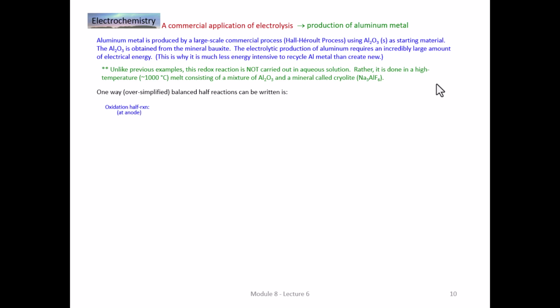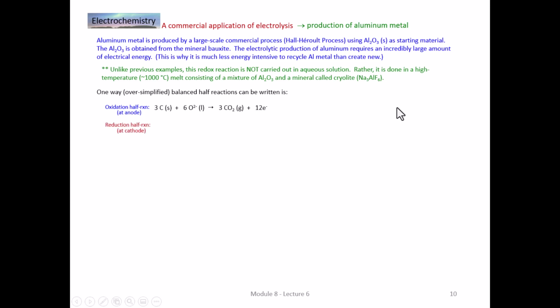which could be accused of being oversimplified. The oxidation half reaction, which of course would occur at the anode, can be written as carbon atoms interacting with oxide ions in a melt to produce carbon dioxide and 12 electrons.